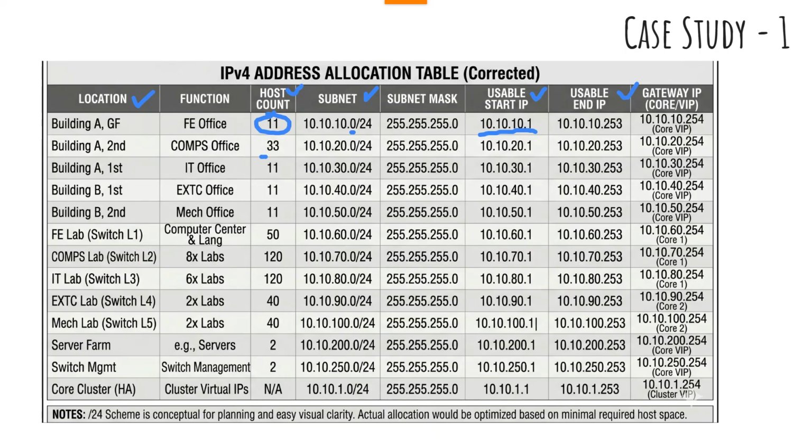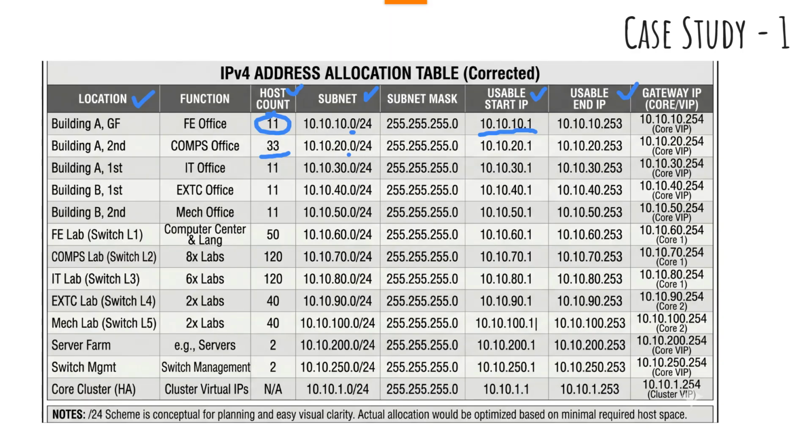Comms office, I am again having faculties plus the department office people to put together. So I am having again 253 IP addresses available. This is the 10.10.20.0 network. I am using a class C subnet mask.